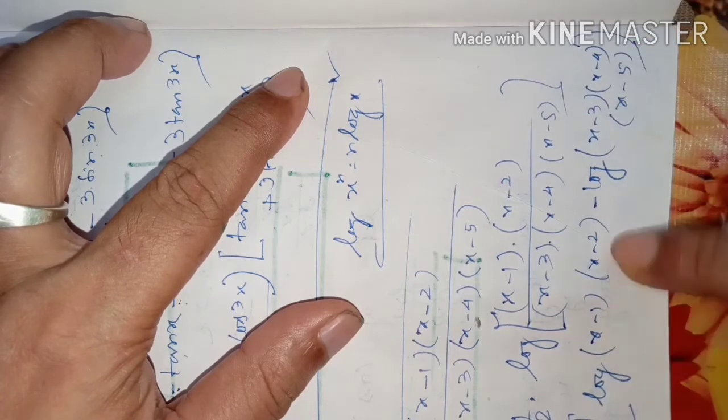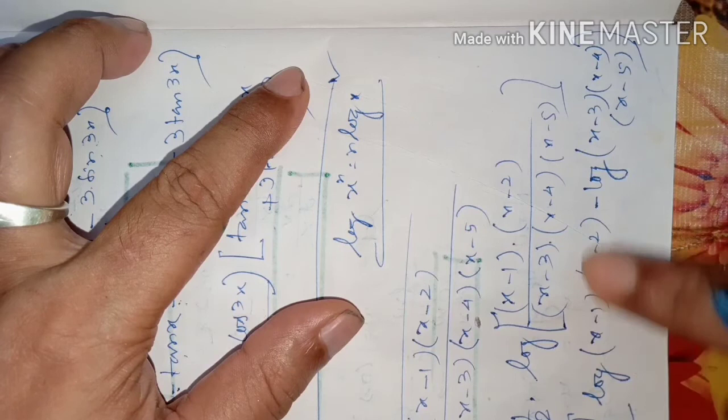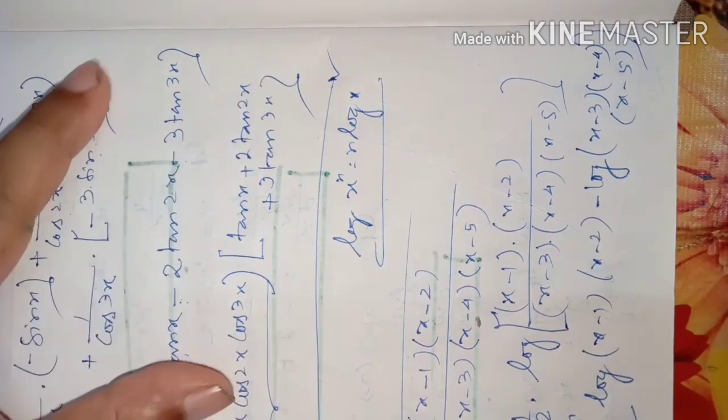Now again you see this part, the product of two functions, again it can be treated as x into y, so it will be log of x plus log of y. That way you go.